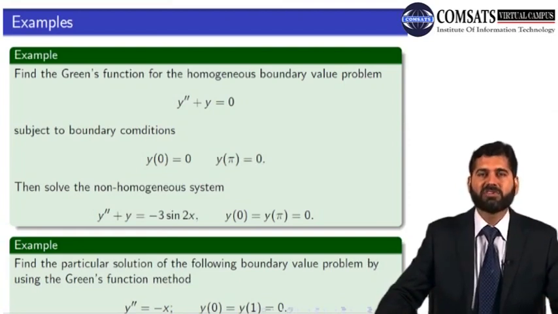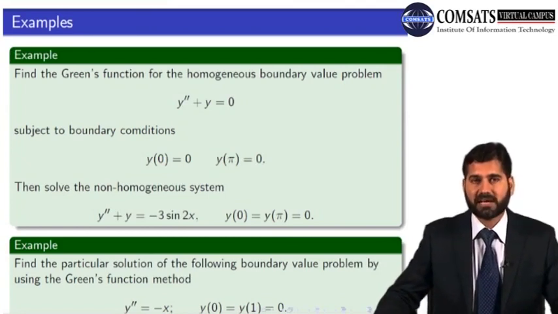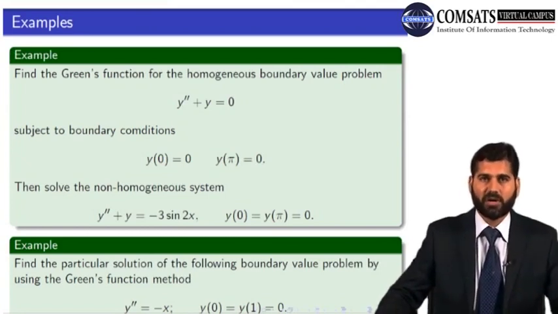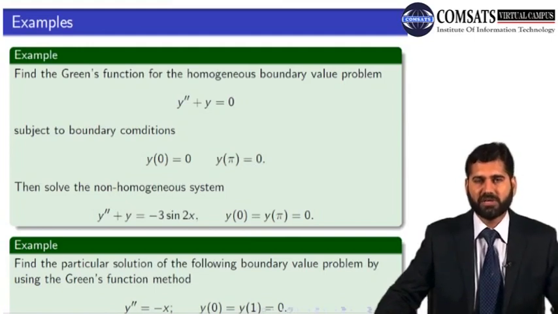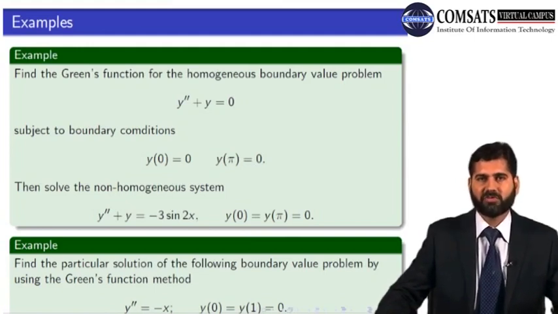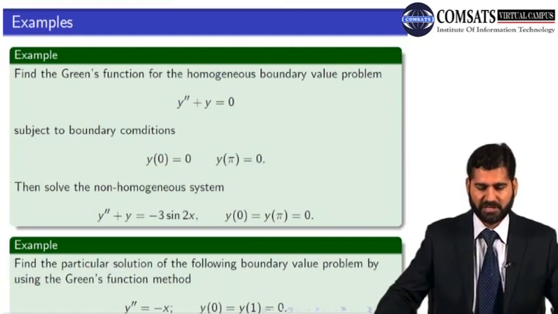It's a repeated root, so your solutions will be constant times e to the power 0x plus constant times x times e to the power 0x. All right, so 1 and x are the solutions, and from there you can obtain your Green's function. The Wronskian will be the determinant of 1, x, 0, 1, so the Wronskian will be 1 again in this case. If you replace in the formula y1(x) y2(eta), I am sure that you will get the same Green's function which you obtained here.